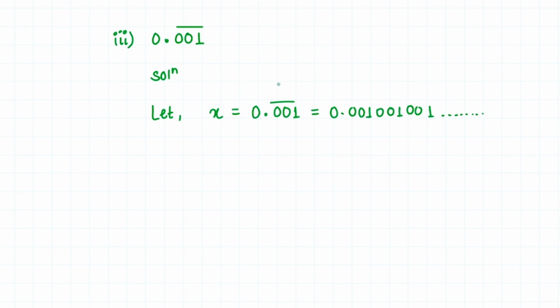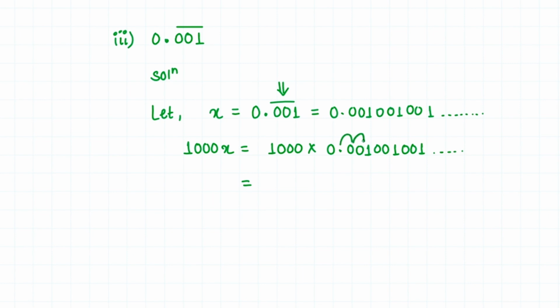Now, in this particular case, since we have 3 digits that are repeating, we are going to multiply our x with 1000, okay? So we have 1000x is equal to 1000 times our x, which is 0.001001001... Now, since we have 3 zeros here, this point is going to move 3 times to the right side, okay?